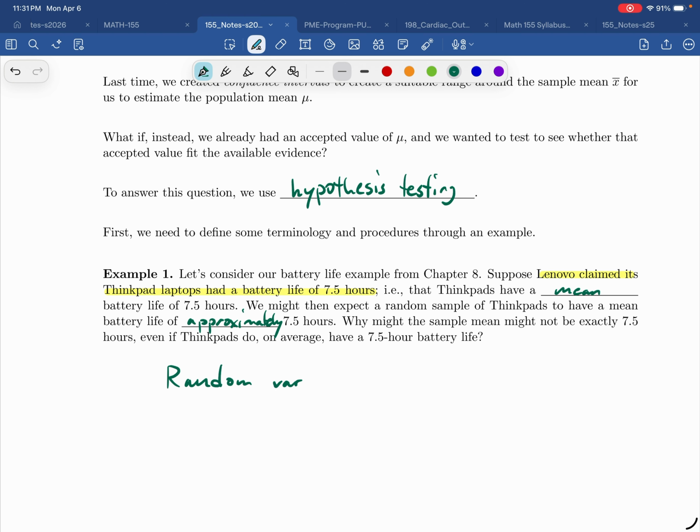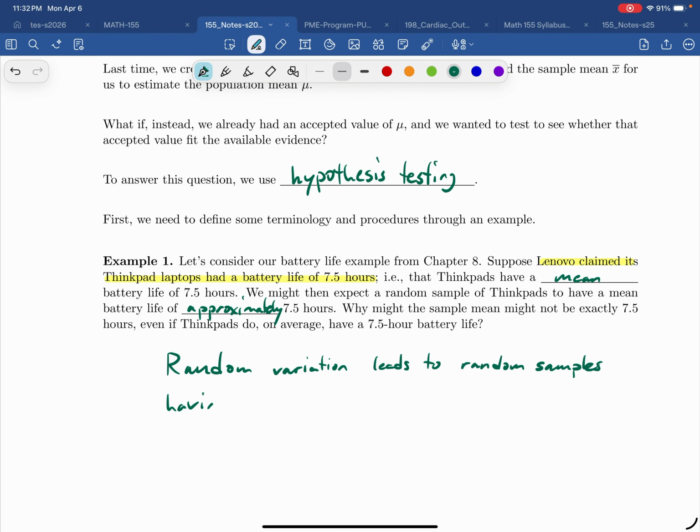Random variation. This is something we've discussed before a little bit. Random variation leads to random samples having statistics that differ from parameters.